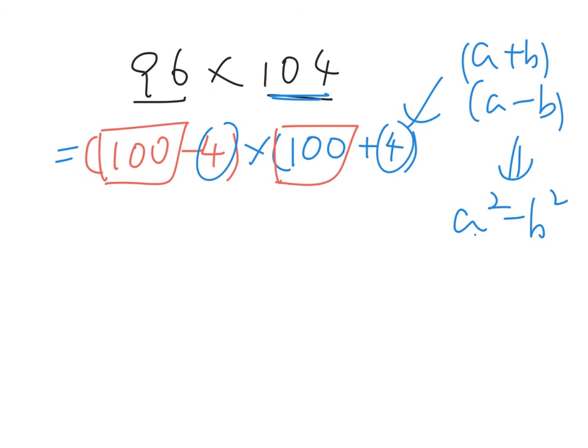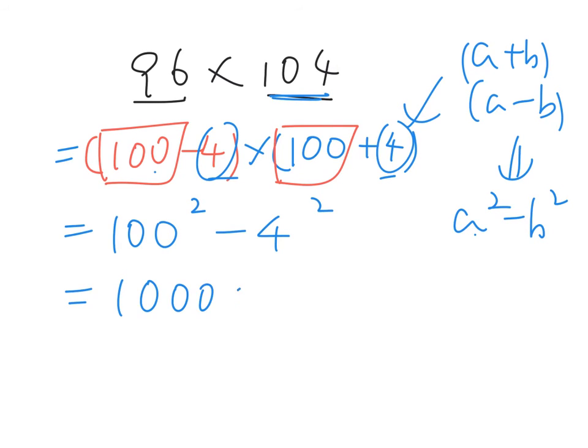So this time a is replaced by 100, that means 100 squared, and minus b squared, that means 4 squared. That means it is 10,000 deduct 16. As a result, it is 9,984.